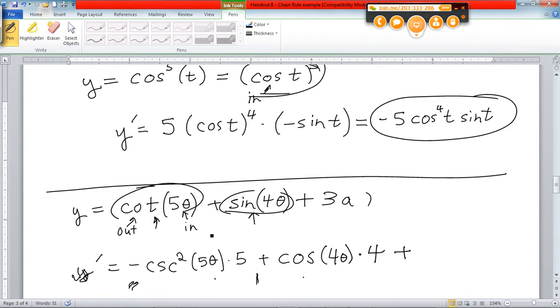Now, with the variable here being theta, what about a? Going to the last one here. How do I treat a? It's a constant. Yeah. If I'm talking theta is my variable, a is a constant. So this is 3a. That's just a constant. What's the derivative? 0.